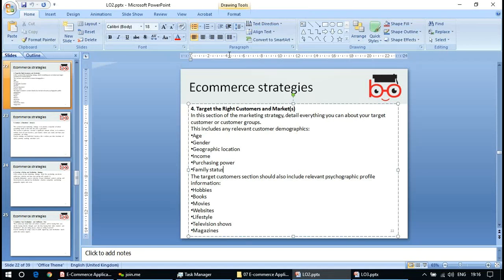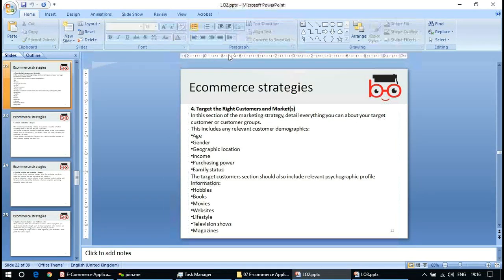Also, more information about your hobbies, books, movies, websites, lifestyle, television shows, magazines, so these are the relevant psychographic profile. So hobbies, books, movies, websites, lifestyles, they are kind of their interests.